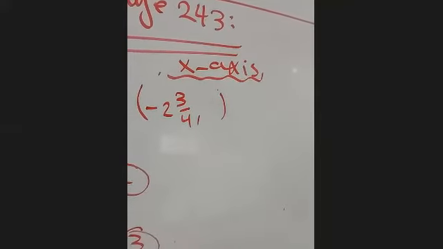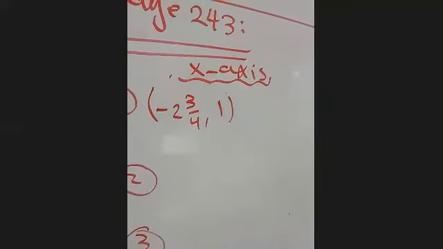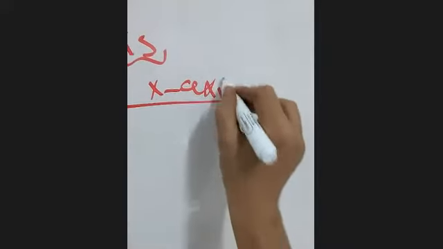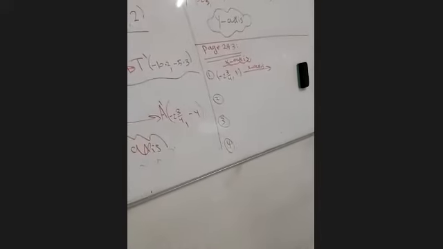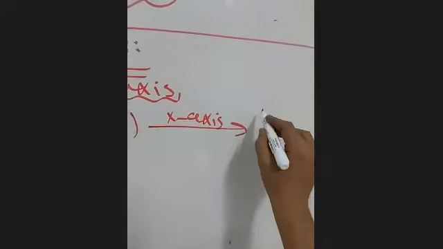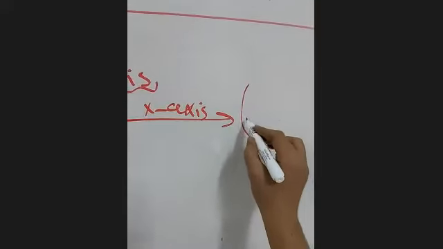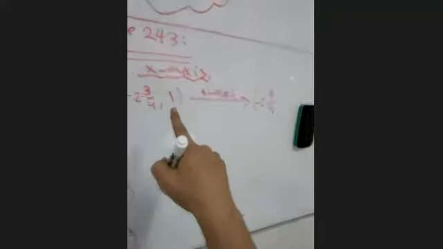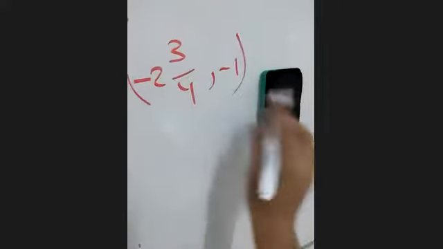What's the reflection across the x-axis? Negative 2 and 3 over 4 stay the same, and we change the sign of 1. It will be negative 1.